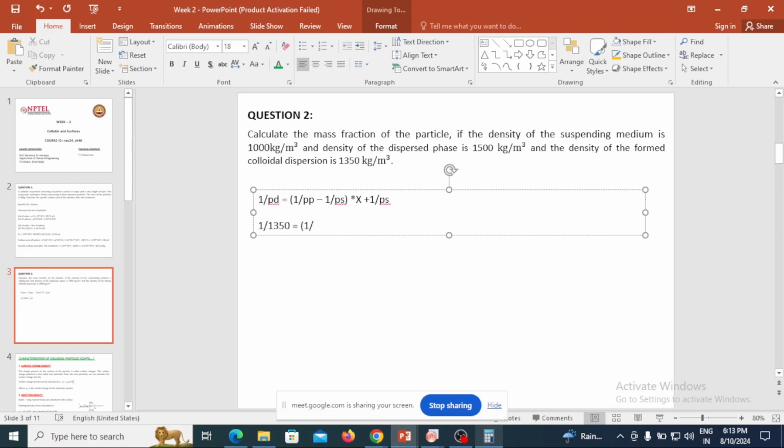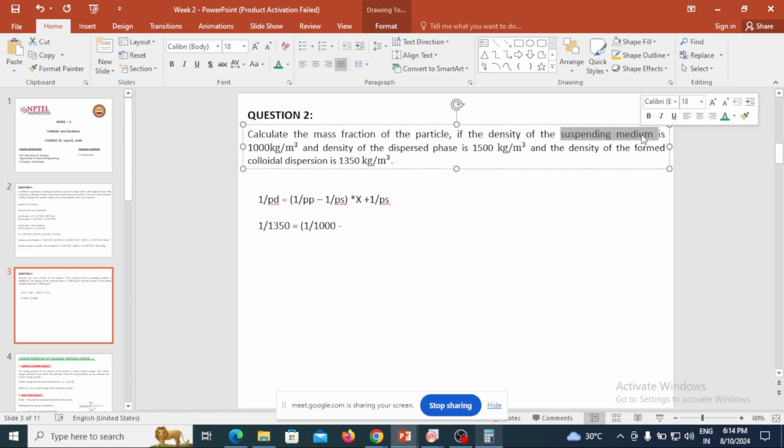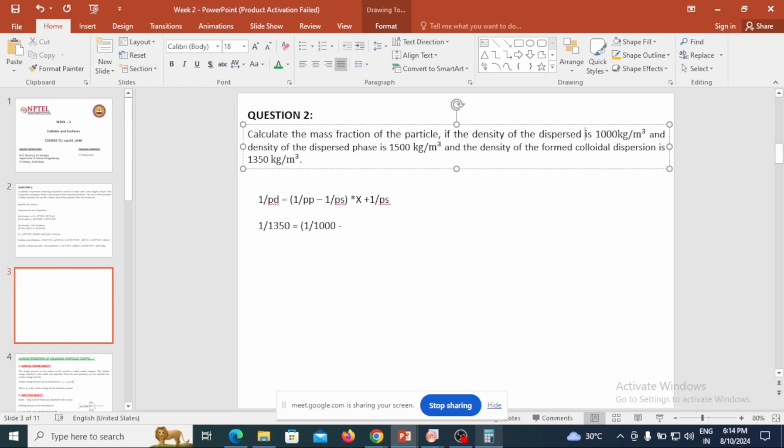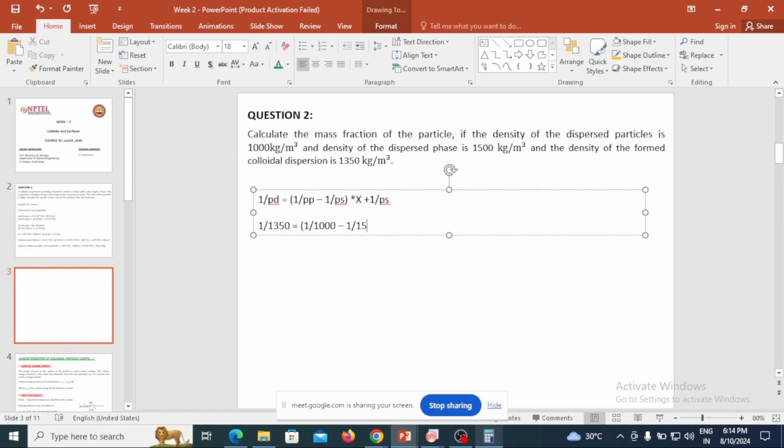The suspending medium is 1000, oh sorry, this is not the suspending medium, this will be the dispersed particles, and the other is 1 by 1500.